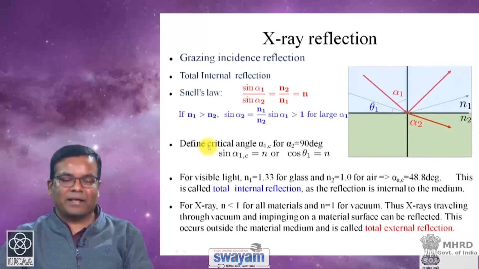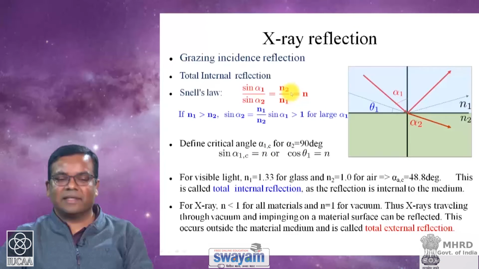So one can define a critical angle alpha 1c for which alpha 2 is 90 degrees. In this case, one can write sin alpha 1c equal to n, where n is defined as the ratio of the refractive indices, n2 by n1.